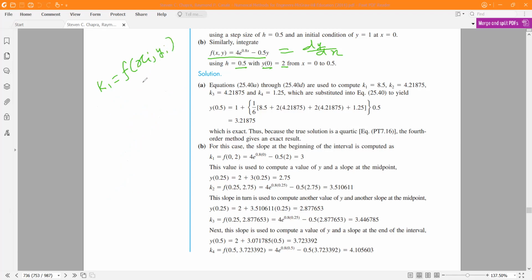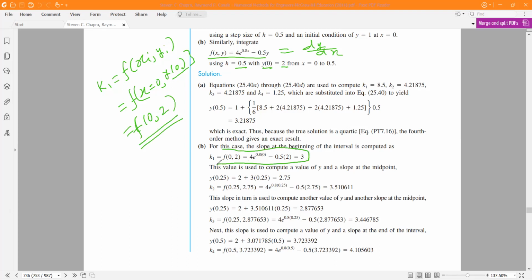In our case, the initial point is x equal to 0 and the value of y at 0, isn't it? That is equal to f(0, 2), and the value of y was given as 2. So you have to evaluate this quantity. This will be equal to K1.